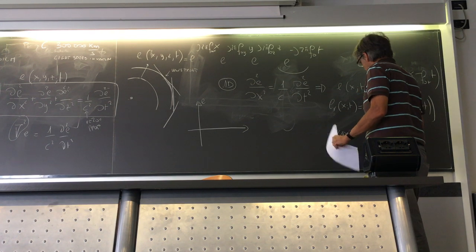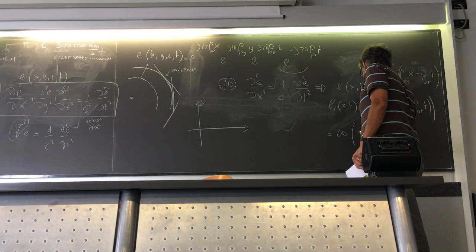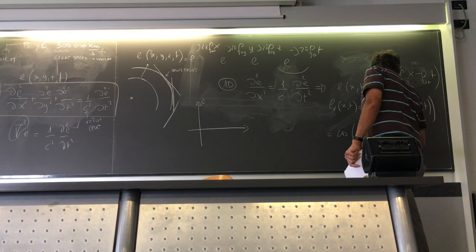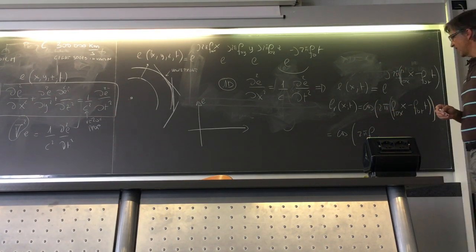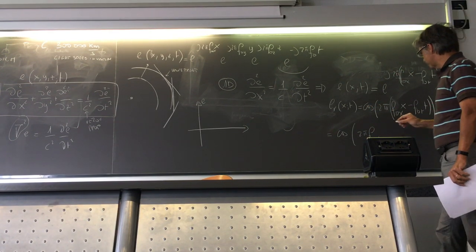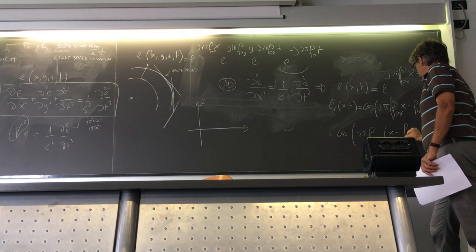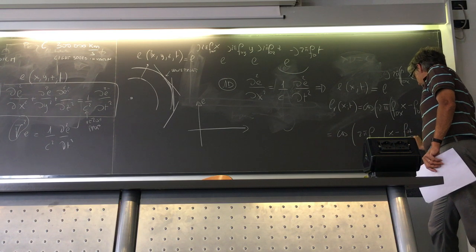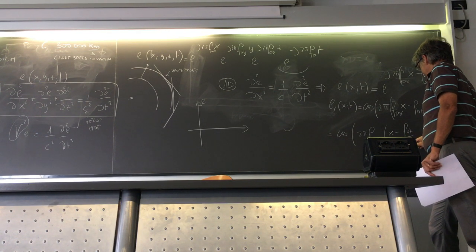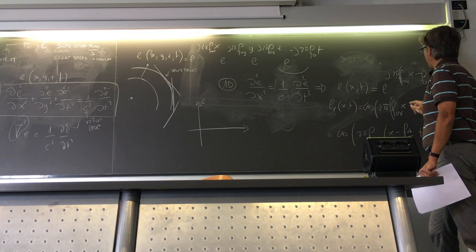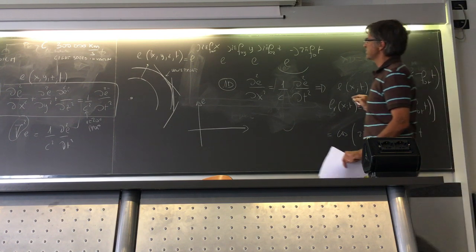Let us take f0x outside the 2 pi: cos(2 pi f0x (x minus (f0t divided by f0x) t)).